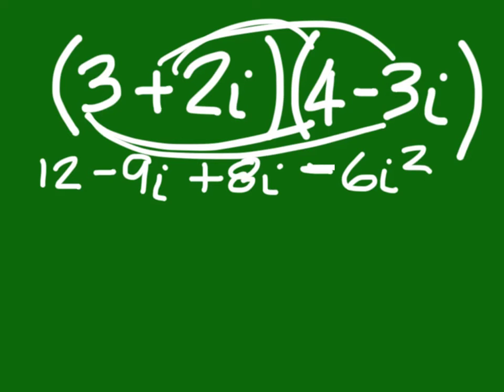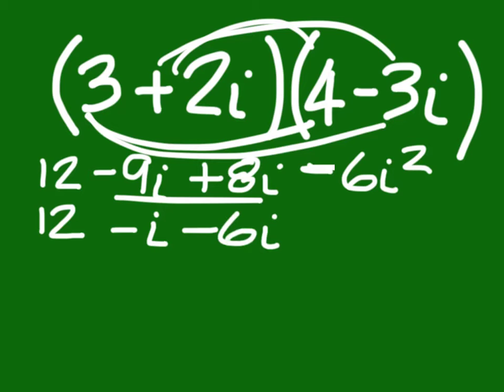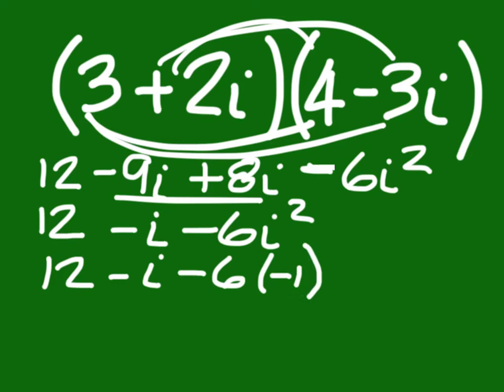Now we have to simplify. First, simplify this. Negative 9 plus 8 is negative 1, so we just have a negative I left. And then minus 6i squared. What's the next thing that can be simplified? I squared, yes. So I squared is what? Negative 1.